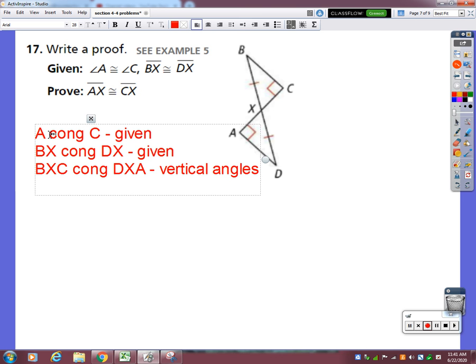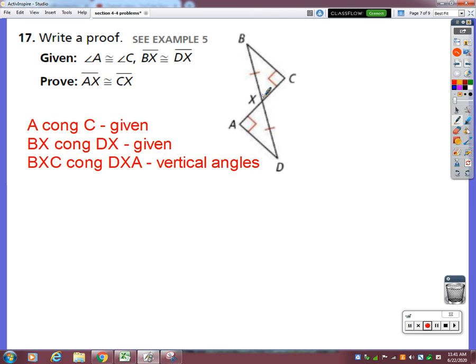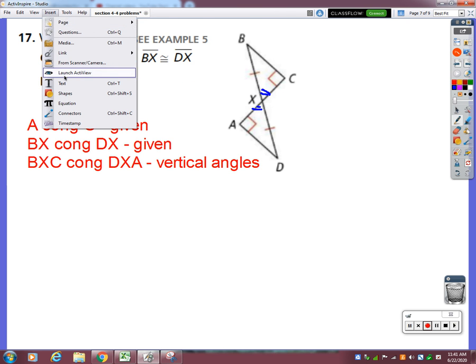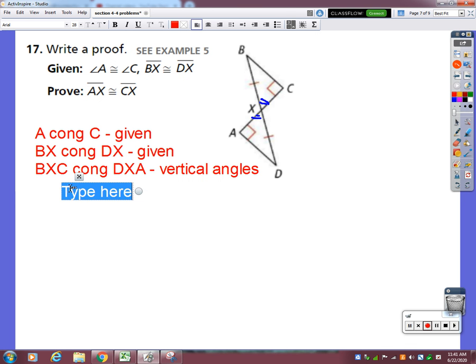Now I have this one right here. So that looks like I'm all set up for angle angle side. There we go.